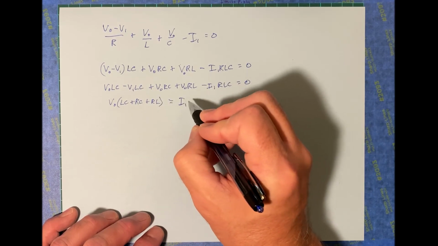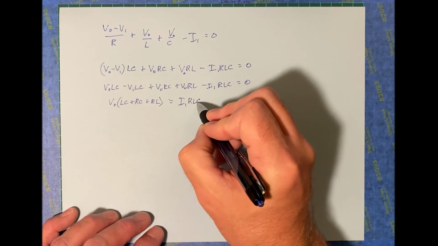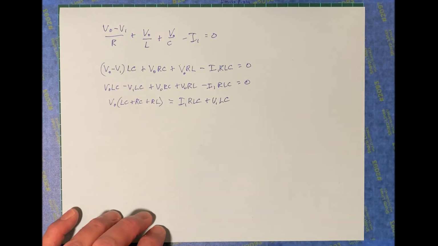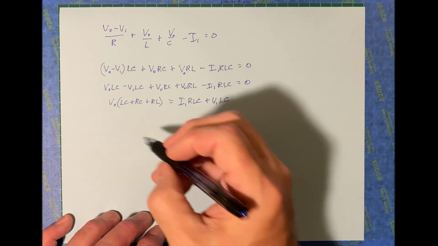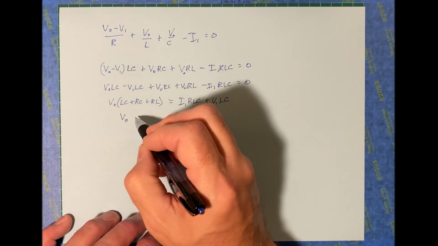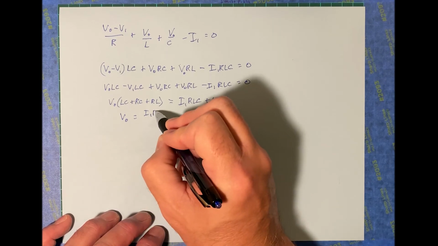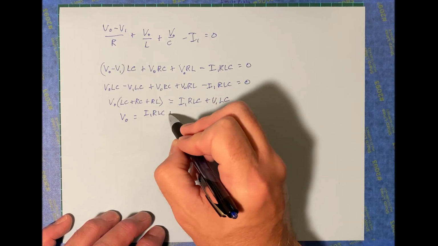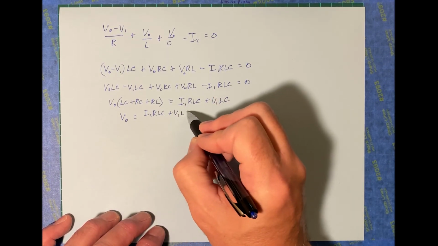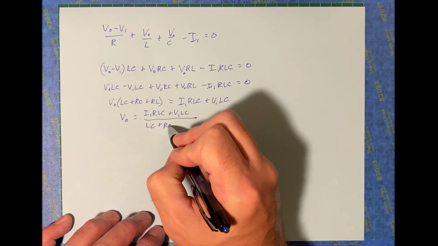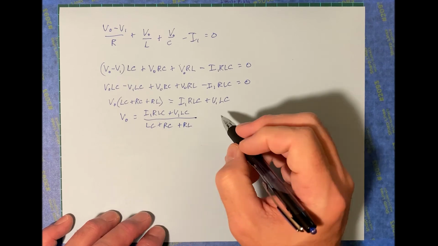So I've got I1 RLC plus V1 LC, like that. All right, now I can take my V0 and say that that is I1 RLC plus V1 LC divided by LC plus RC plus RL.